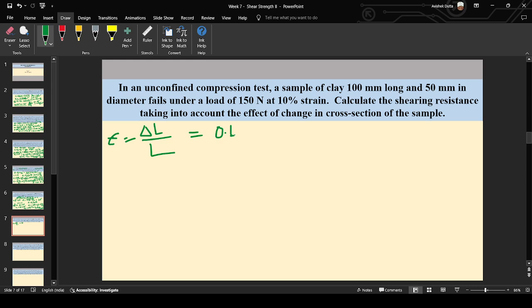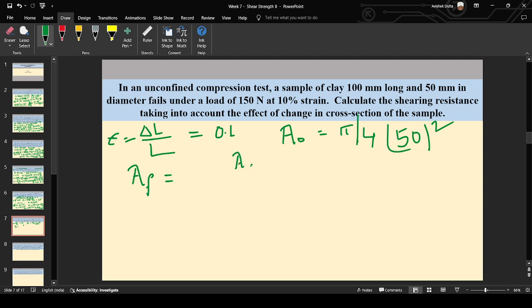Now, the initial area A0 is equal to pi by 4 into d square. D is 50 mm, 50 square. We can solve this, but we'll be needing this when we are talking about the area of cross section at failure. What is the value?